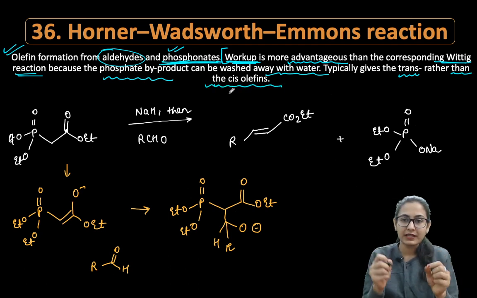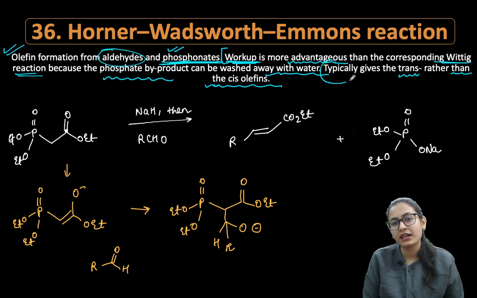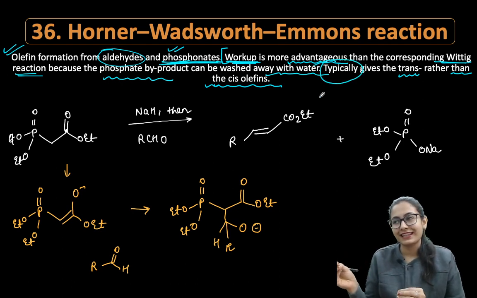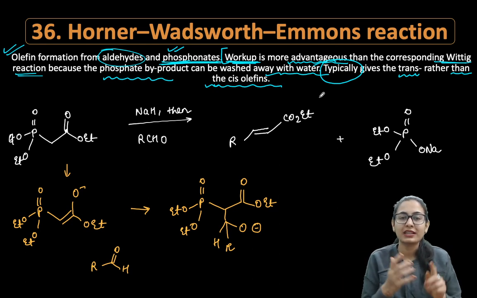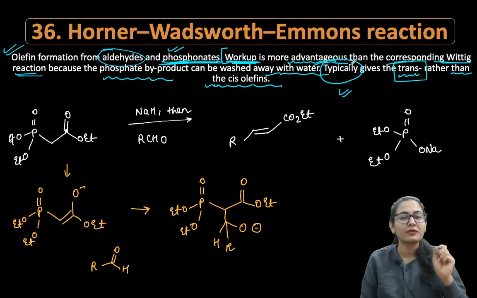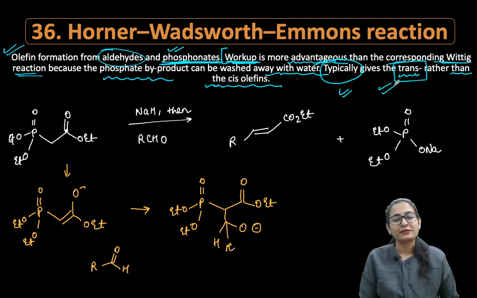Okay, so typically I am saying once again, because there are always going to be reactions that give you the exception. So there might be some reactions which give you exception in this phosphonate ester also. Okay, but typically, or let's say generally, it gives you the trans alkene rather than the cis alkene. Okay, so we are going to talk about that particular aspect of this reaction.